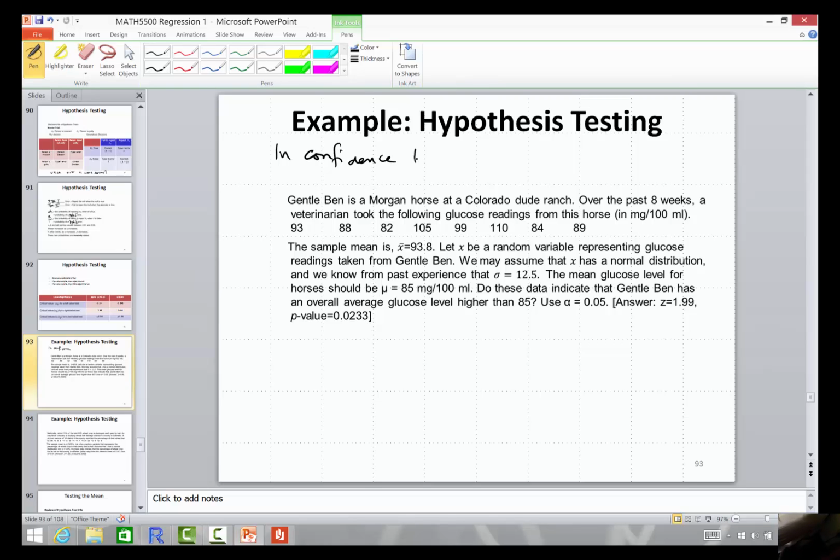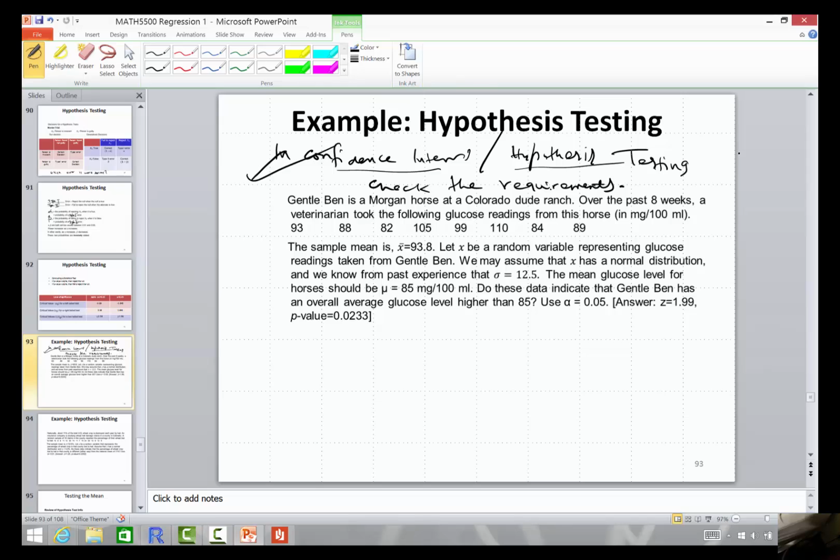In confidence interval or hypothesis testing, always check the requirements. Remember this, this is very important. Whenever you do the confidence interval or the hypothesis testing, you need to check the requirement.